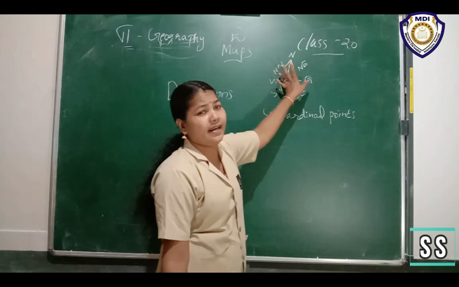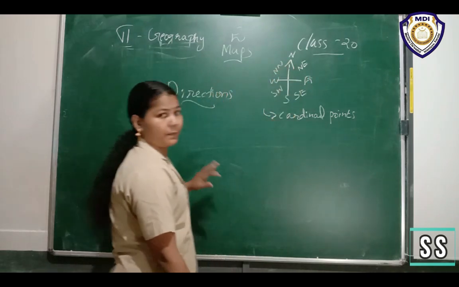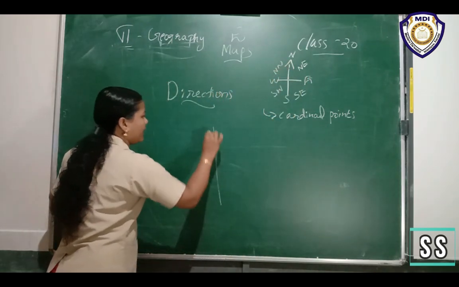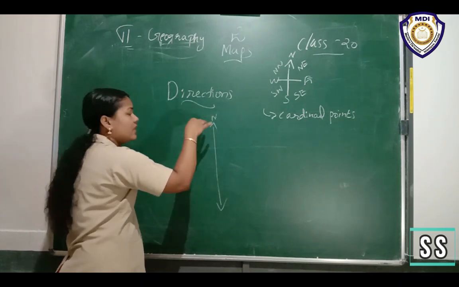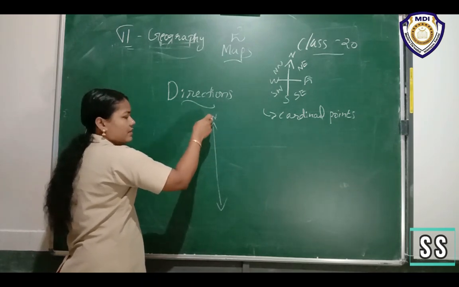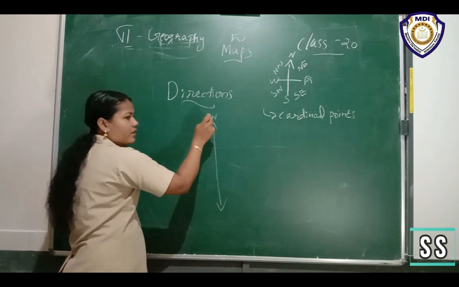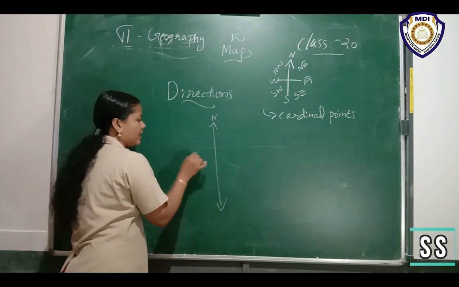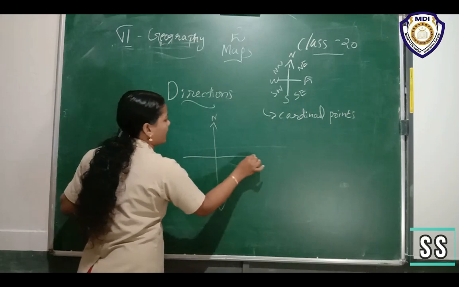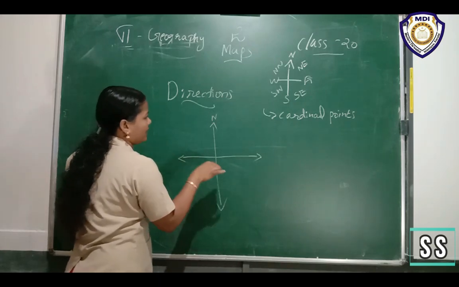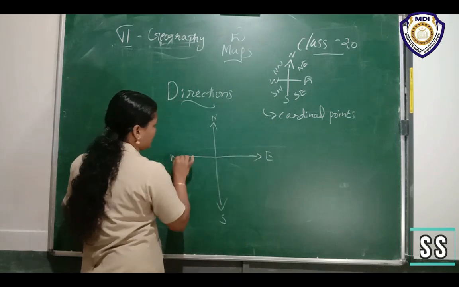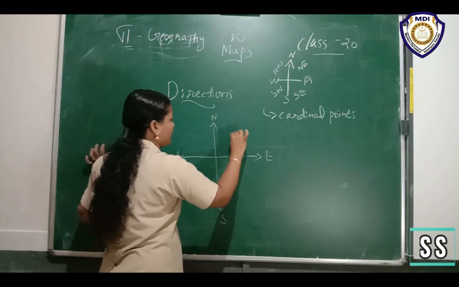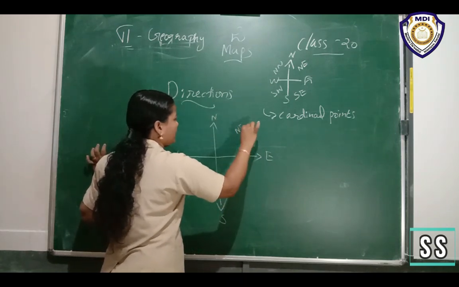Listen, I repeat. All of you listen here. Mainly there are 4 directions in every map. There is already given this north direction, so we can easily identify the other directions. Here north, then south, east, west. From here to here, that is called northeast.